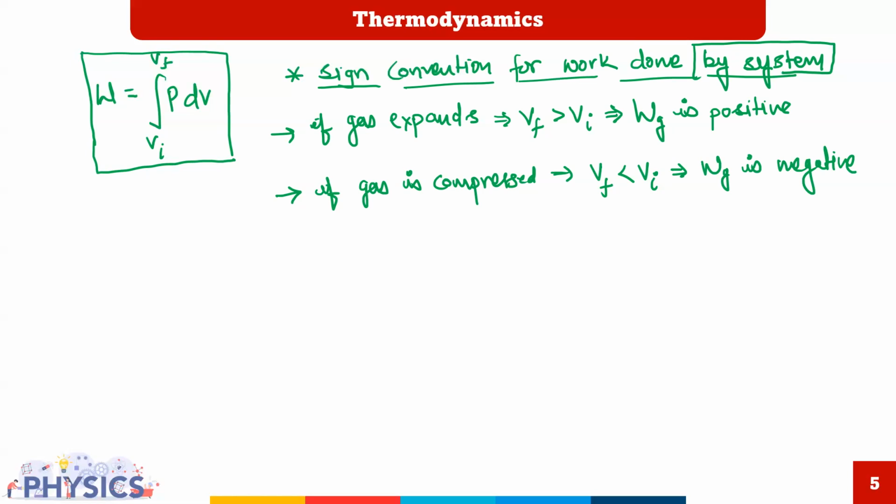So this is the generalized formula for work done. But this formula doesn't help me much. So what we are going to do is find out the work done for a generalized process in thermodynamics. So we will write the work done in a thermodynamic process. Again, remember what I am doing. I am calculating the work done by the gas.